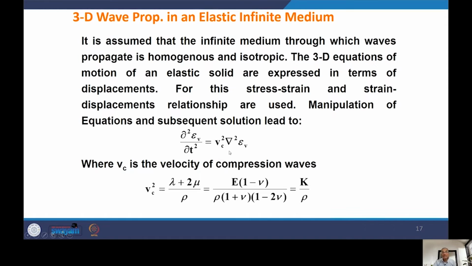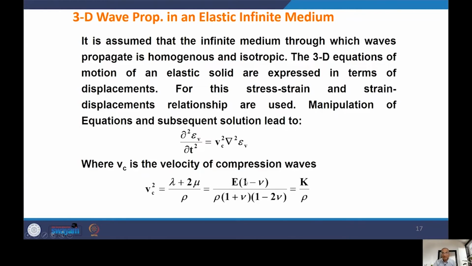What is Vc here? Vc is called the velocity of the compression wave, and Vc square is given by this relation, lambda plus 2 mu divided by rho, where lambda and mu are called Lamé's constants. Both lambda and mu can be represented as a function of E and Poisson's ratio.